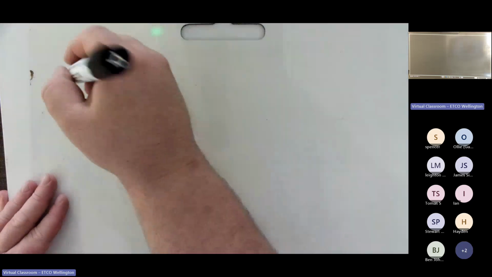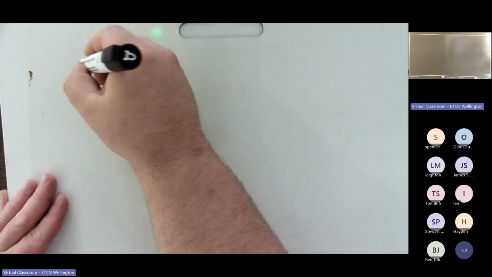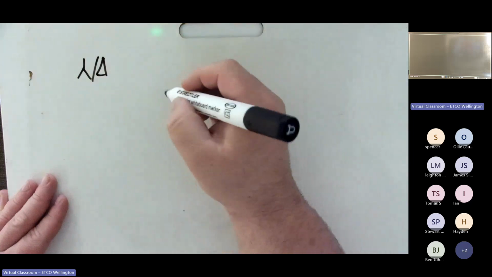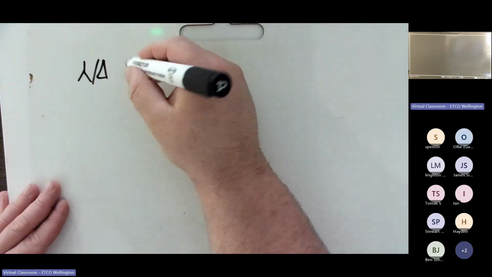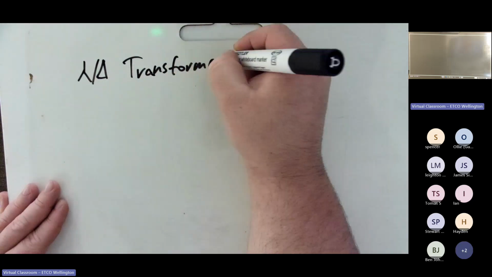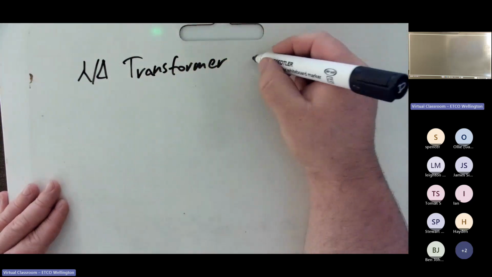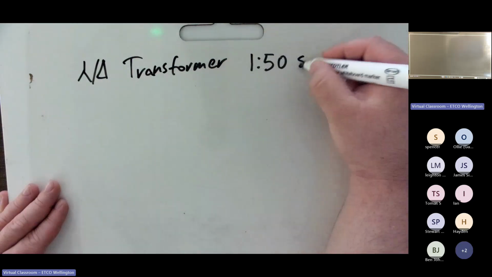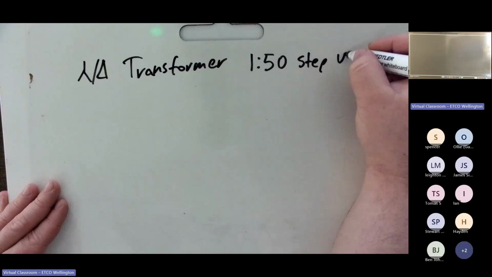Cool. So this time we have a star delta transformer. It has a 1 to 50 step up.